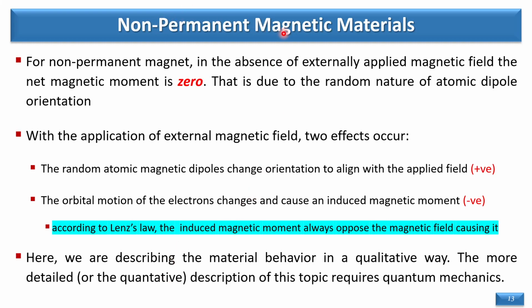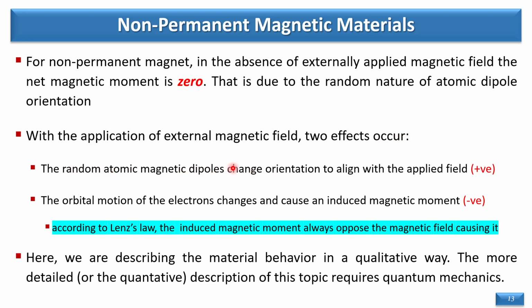For non-permanent magnetic material, in the absence of an external applied magnetic field, the magnetic moment will equal 0. As we said earlier, that's because of the random orientation of their atomic dipoles, either the spinning or the orbital. When we apply an external magnetic field, two effects occur.